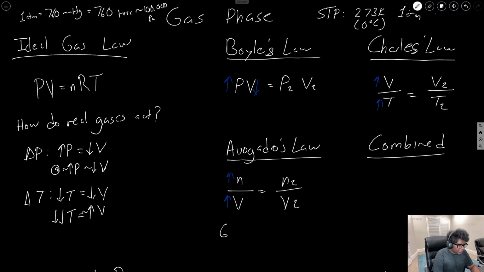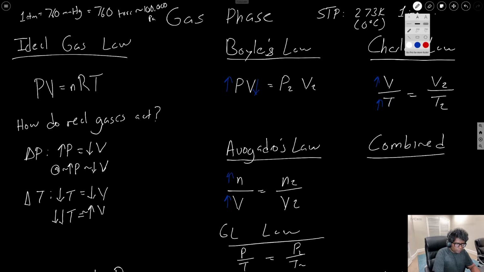Gay-Lussac's law, I'll just write it here. It's a bit small, but pressure over temperature equals pressure 2 over temperature 2. Same reaction. And now let's combine all of them together, guys.